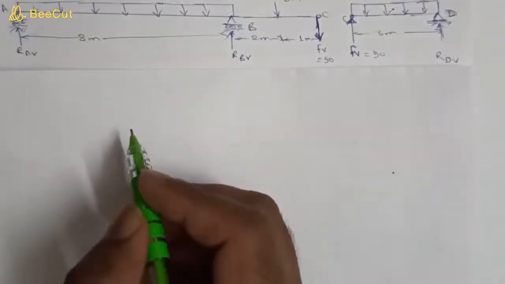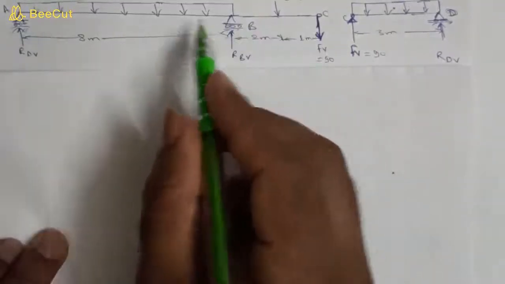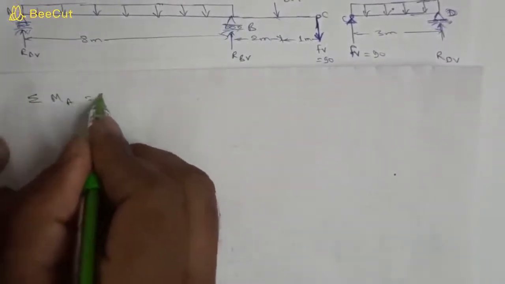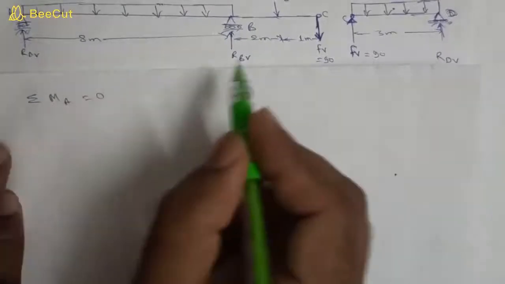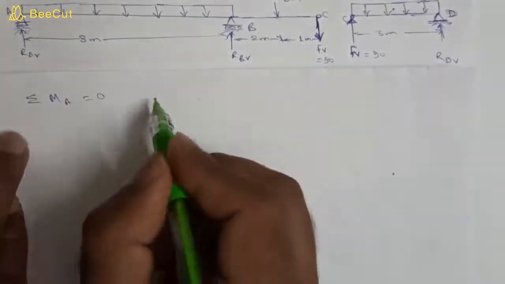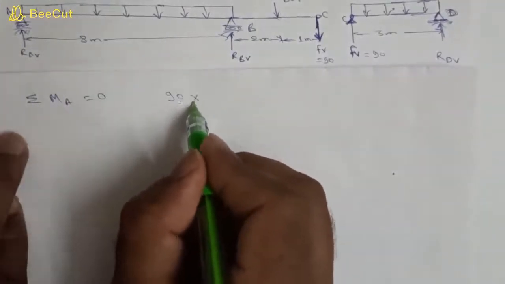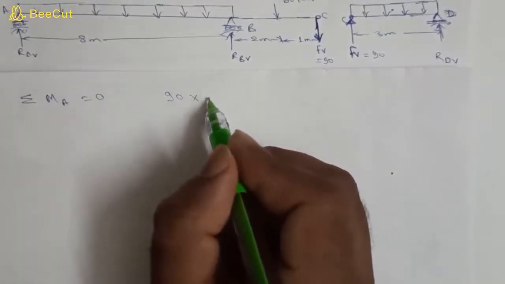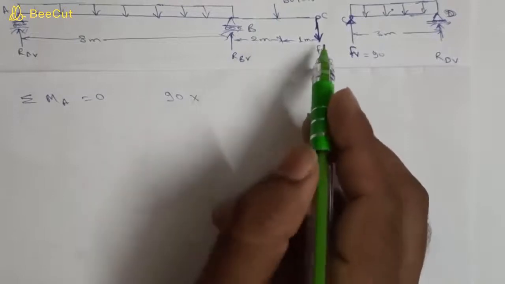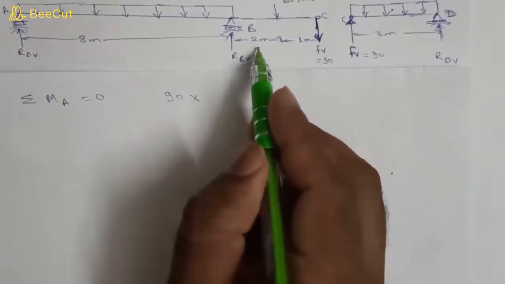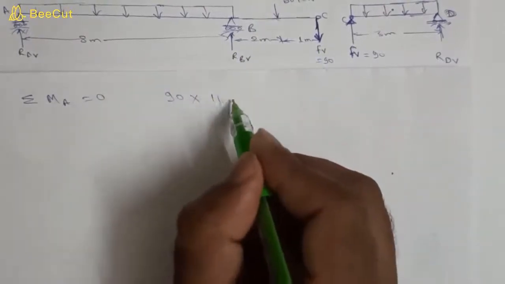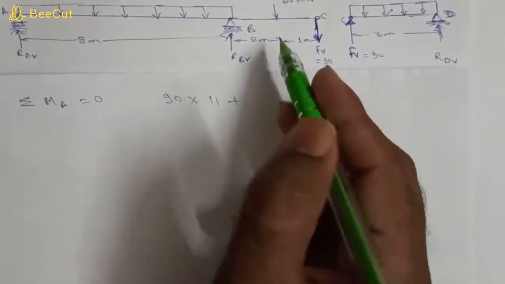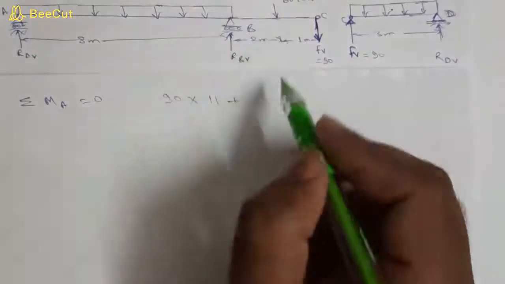Now if we consider the left hand side, the beam AC part, and take moment about point A, it will become 0. So we will calculate: this Fv is 90, so 90 into, suppose clockwise is positive, this is 1 plus 2 plus 8, 11 meter, plus this 60 kN, which is also downward, so it is also clockwise.